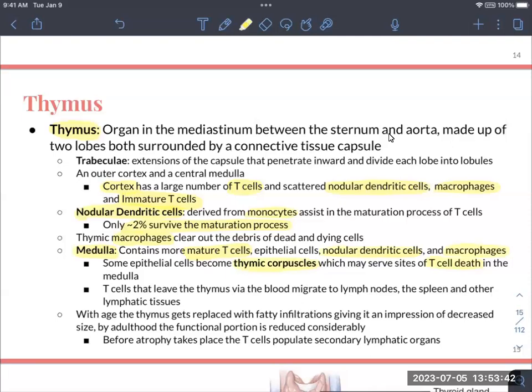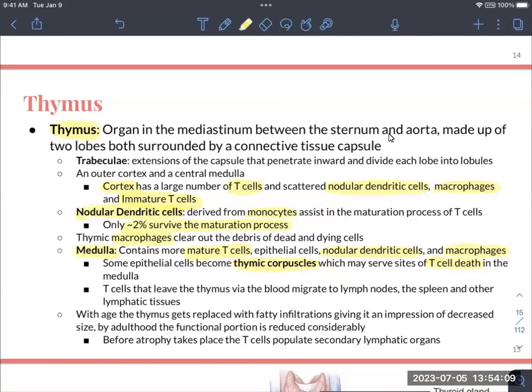T cells are going to leave the thymus. They're going to kind of migrate around. They go to lymph nodes, the spleen, and they get stored there until it is time to fight specific infections. But that thymus, as I mentioned in the endocrine chapters, as we get older, it atrophies.